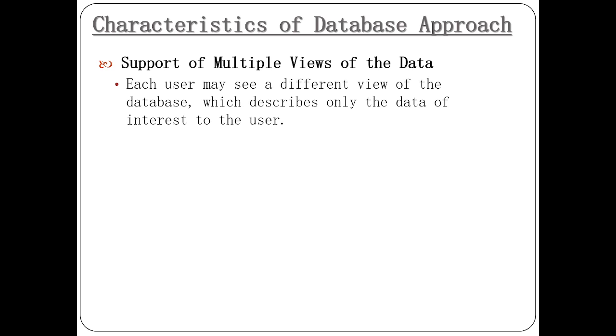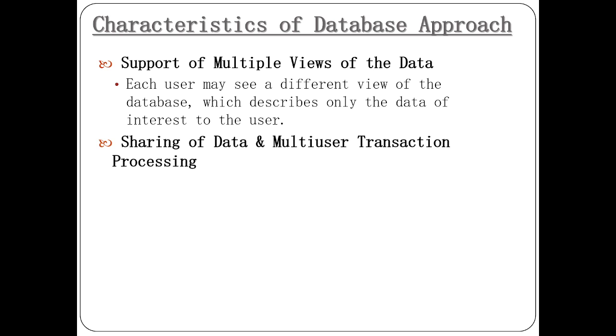Students can see their results and they cannot modify their marks, right? And a teacher can add marks and can also modify students' marks. So the database view is different for both student and teacher. This is the third characteristic.